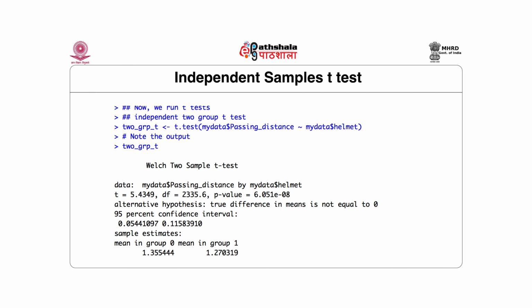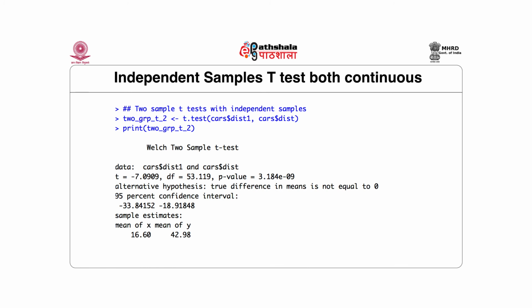We'll do one more thing, and this time we're going to show you two variables that are kind of independent samples that we will test. Okay, and this is quite interesting. So we next show you two independent samples, but this time we are using the cars dataset.